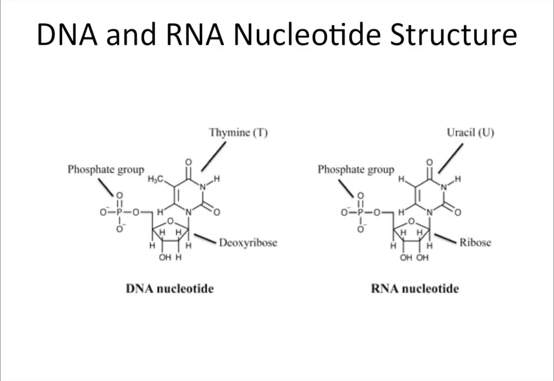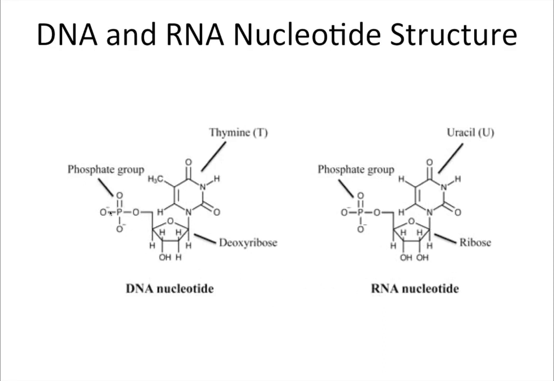So this is from your text, and at the end, I sort of just gave you a few notes on things to read in the text and structures that you should be familiar with. So you should be able to draw a structure like this, showing essentially the deoxyribose or the ribose ring, depending on if we're talking about DNA or RNA.